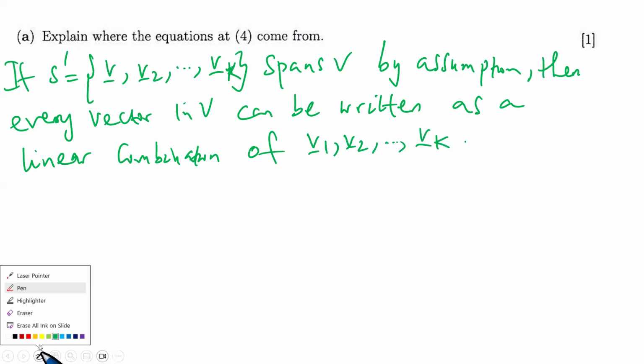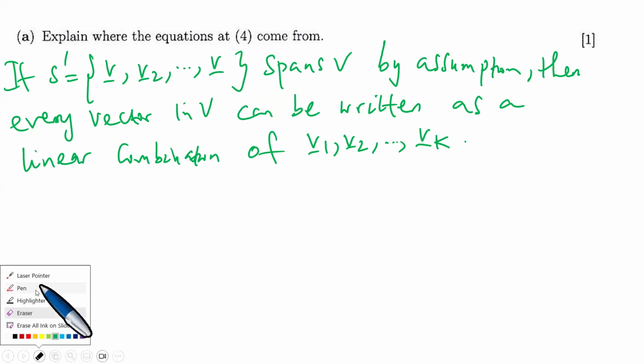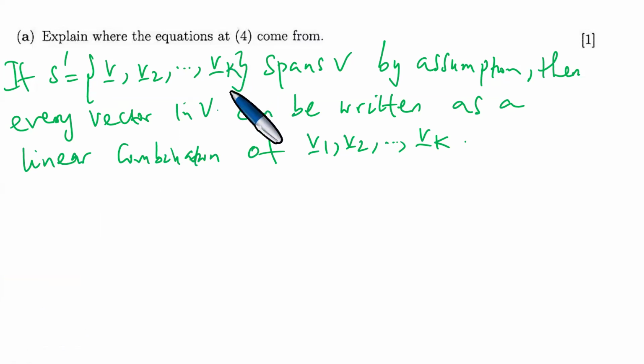So this is where the equations are coming from. This is where those equations are emanating from. We move to the next point.